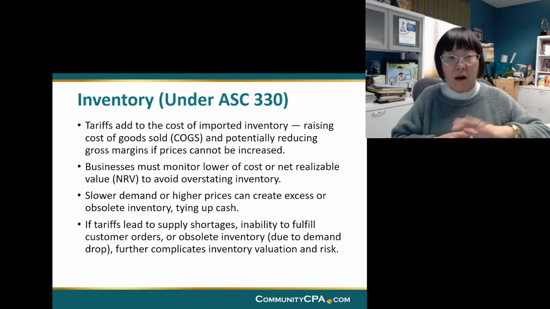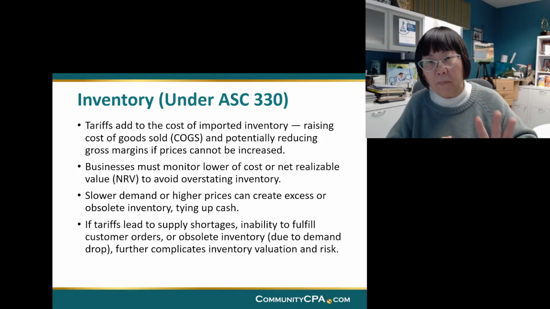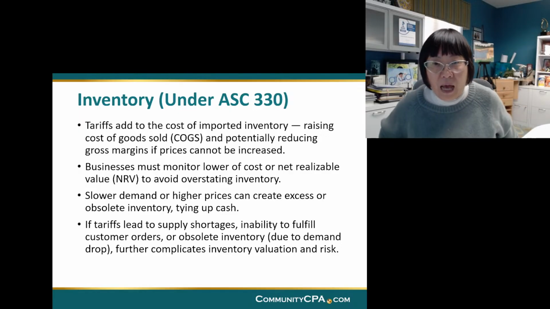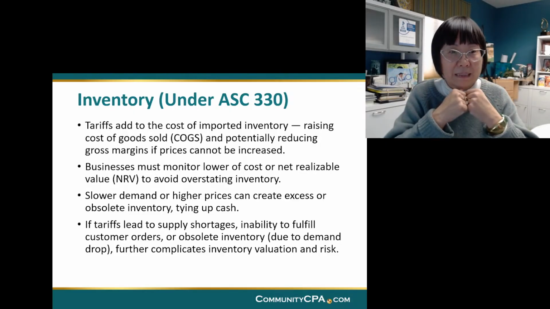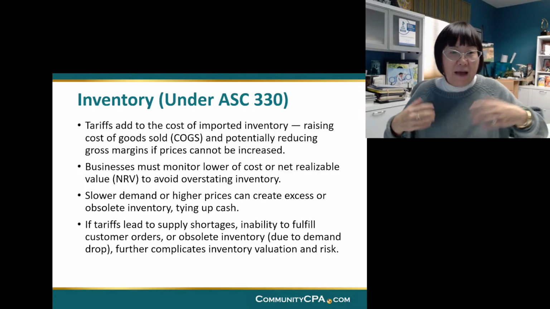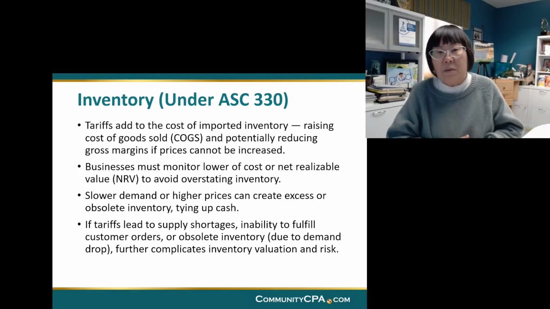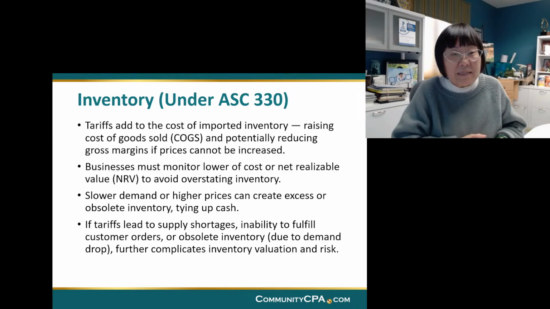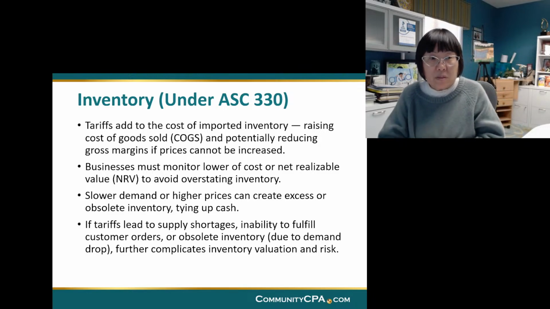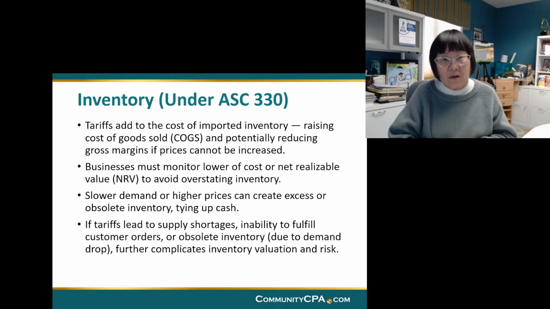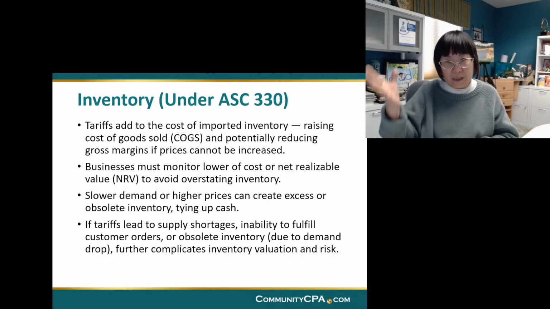Inventory has become the number one item on the financial statement, and it can be significantly impacted by tariffs. Tariffs add to the cost of imported inventory, raising cost of goods sold and potentially reducing gross margin if the price cannot be increased to your customer.